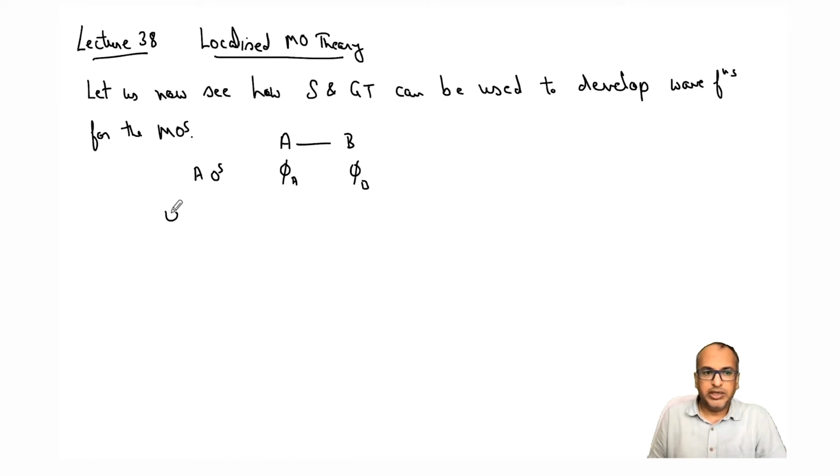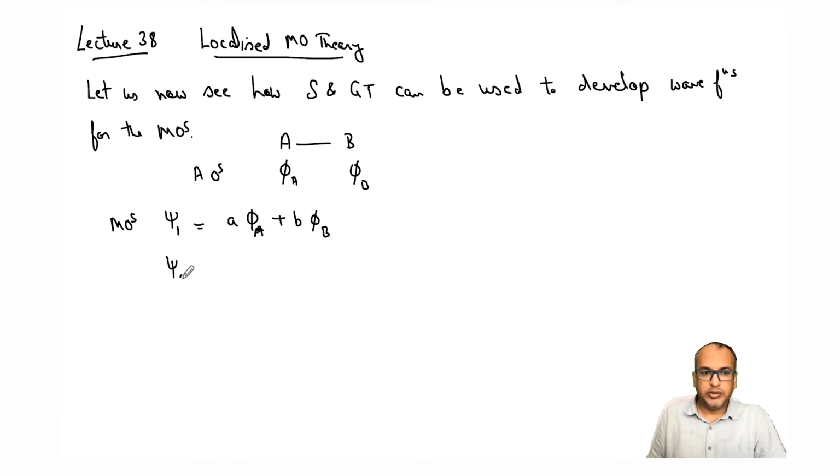So if these are our molecular orbitals, psi 1 can be written as a times phi a plus b times phi b, right? And whenever two orbitals are combining, they will give you two molecular orbitals.